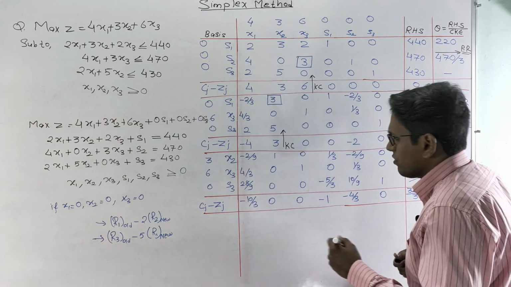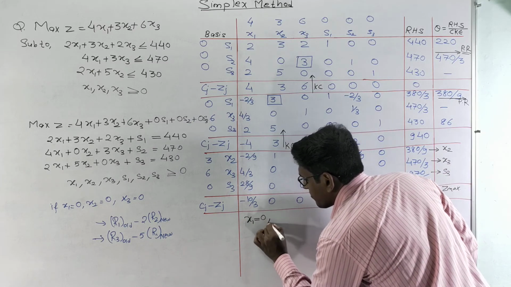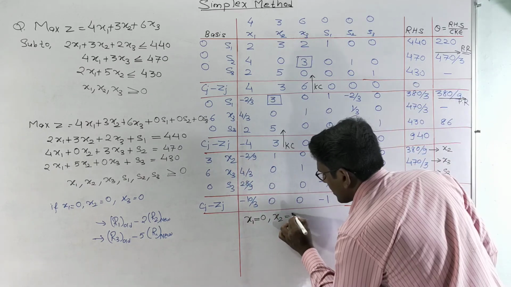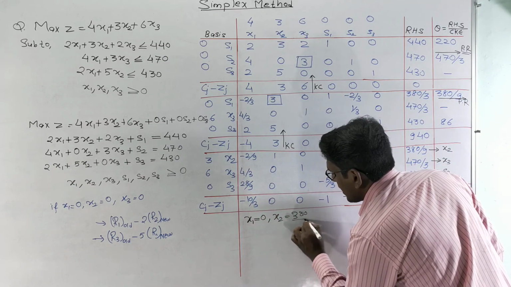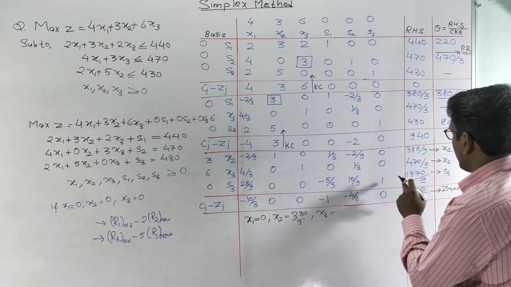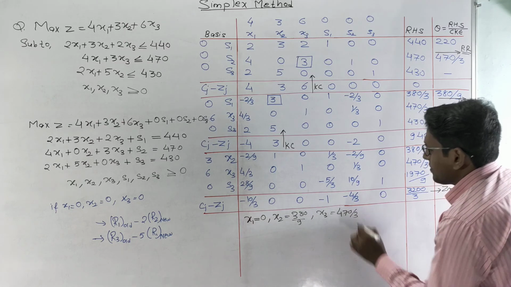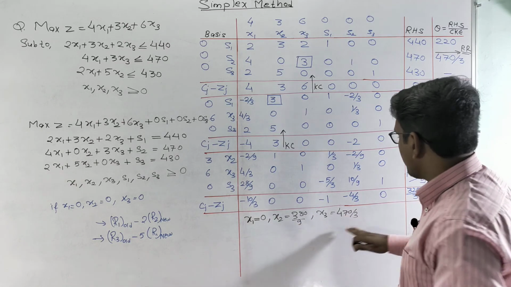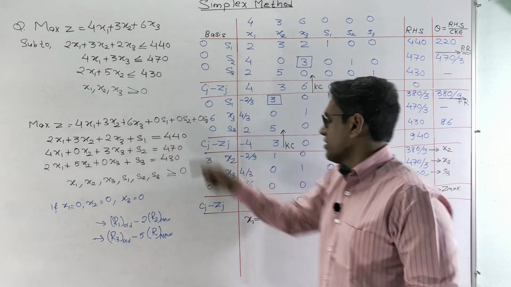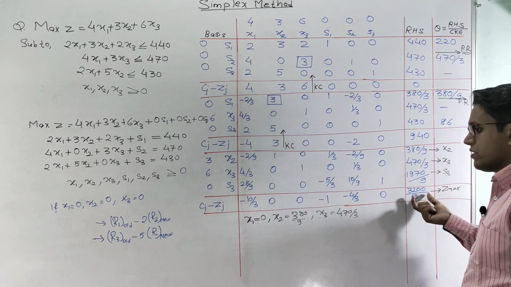So in our final solution we can say that the value of x1 is coming as 0, the value of x2 is coming as 380 by 9, and the value of x3 is coming as 470 by 3. And by putting these values in the objective function, we will get the value as 3200 by 3.